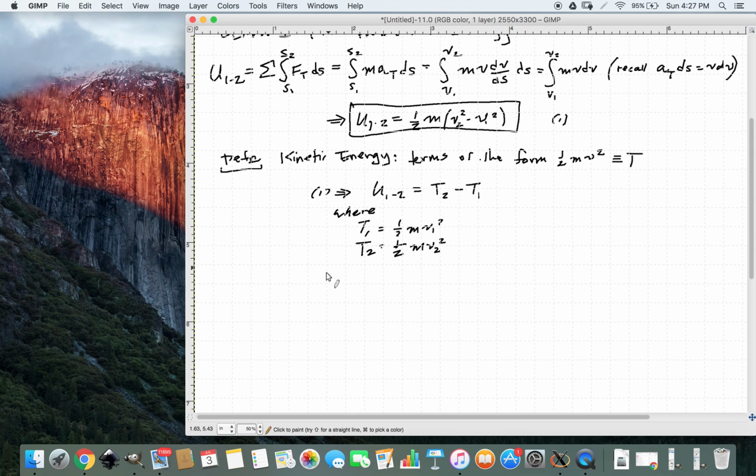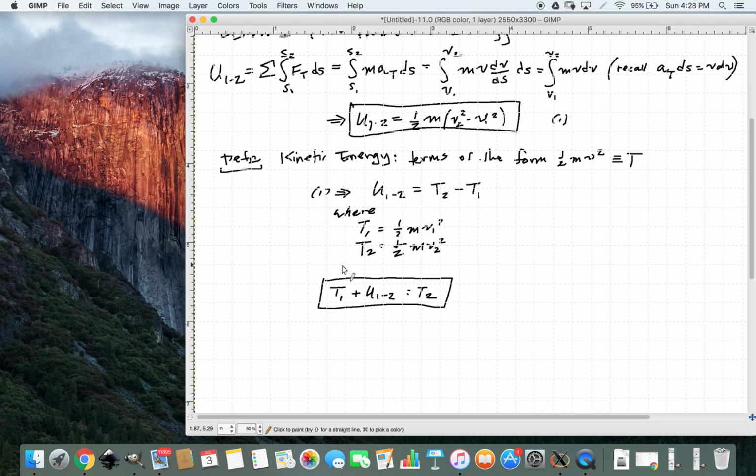Okay, very good. So, in other words, if I take T1 and bring it to the left-hand side of the equation, what I have is T1 plus U12 is equal to T2. I want you all to think about what this means.